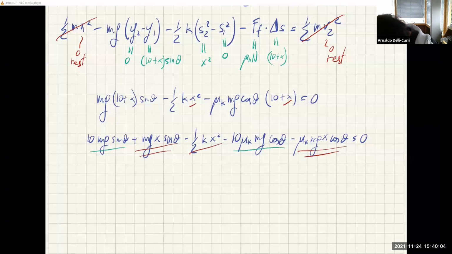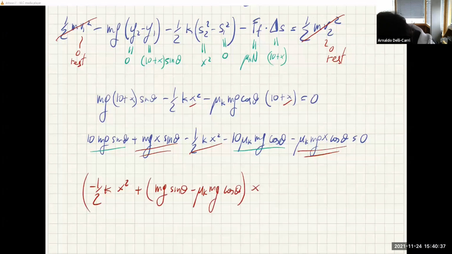So I can regroup this as half k x squared, this x squared, plus mg sine theta minus mu k mg cosine theta, times x.